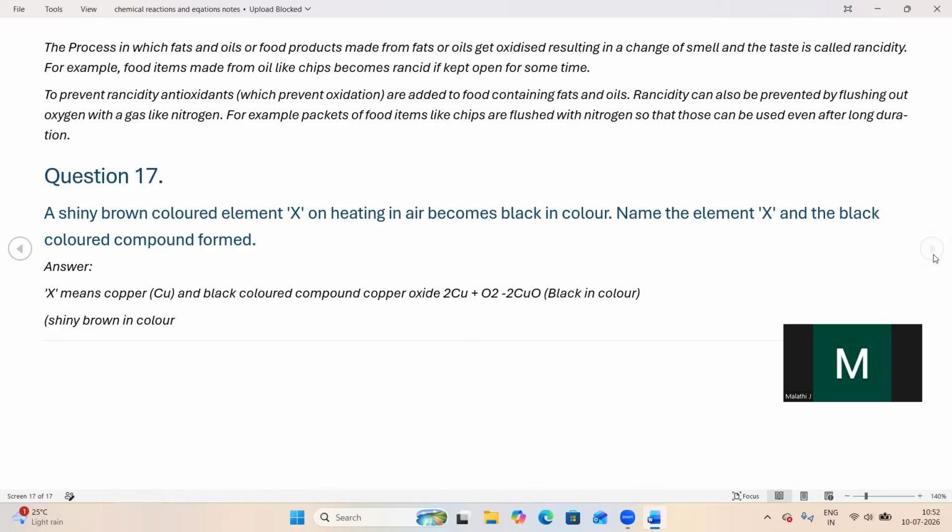When copper is heated in the presence of air, it becomes copper oxide, which is black in color.